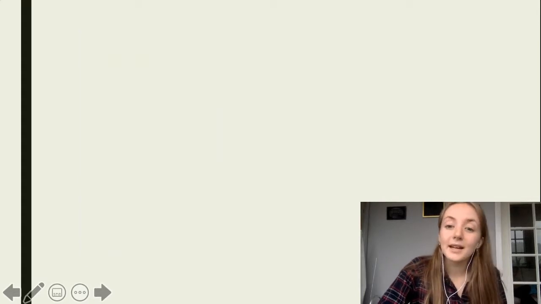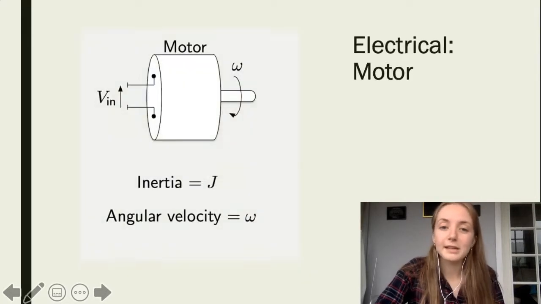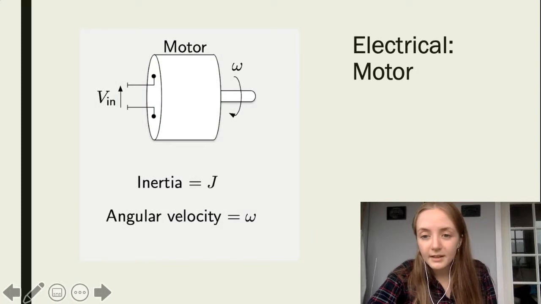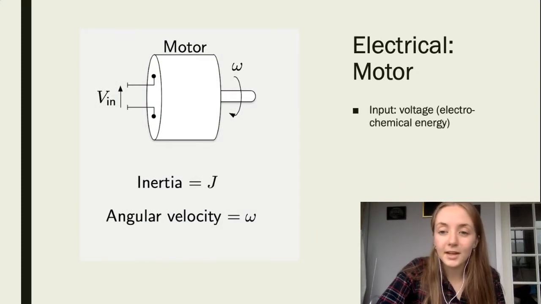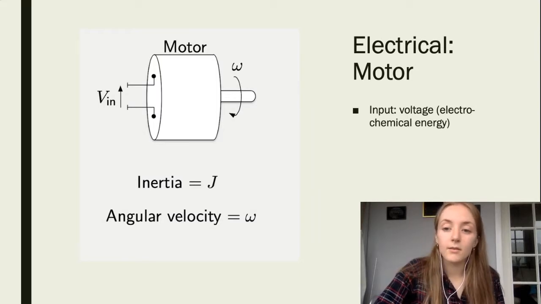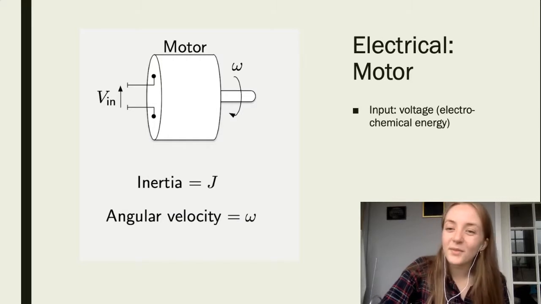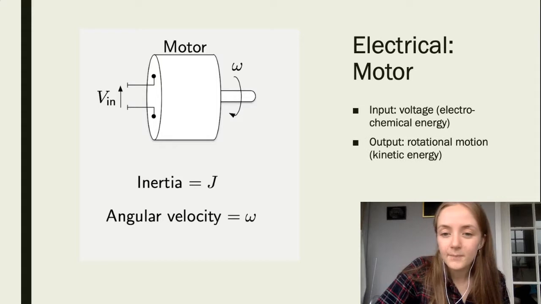So my last example is an electrical example, and it's an example of an electrical motor. Here we supply some electrochemical energy, most likely from a battery. The motor performs a process that causes a rotating output.